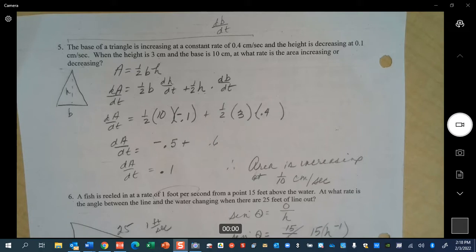So my triangle is being squished and spread out. When my height is 3 centimeters and my base is 10 centimeters, at what rate is the area increasing or decreasing? So I take my area formula, I take my derivative, I plug in what I know, and it turns out that my area is still increasing at that rate.